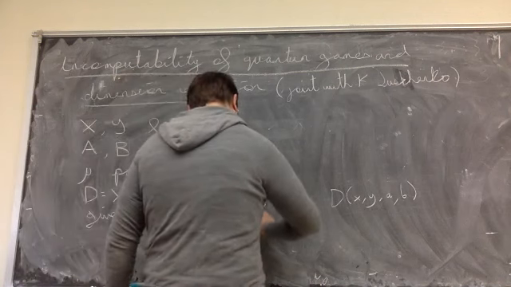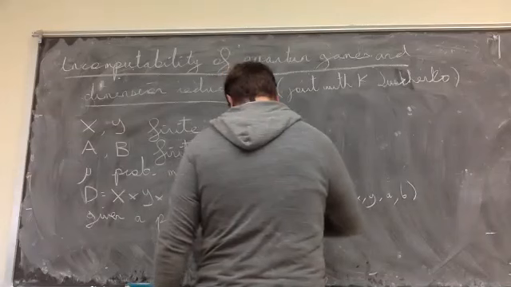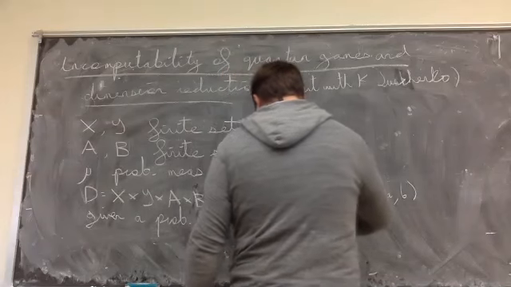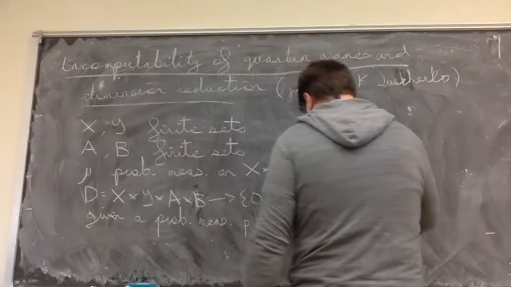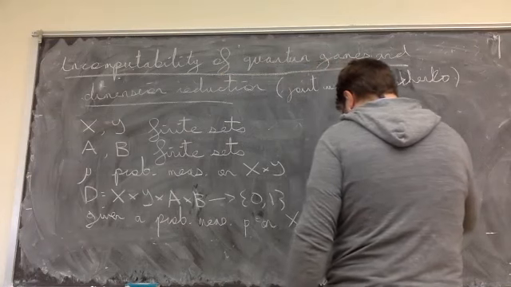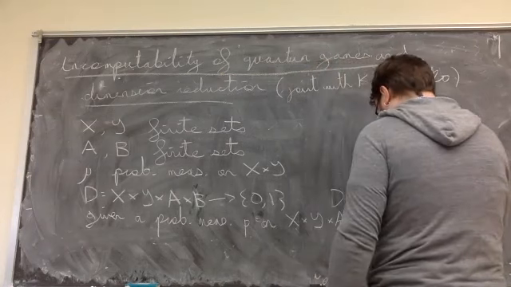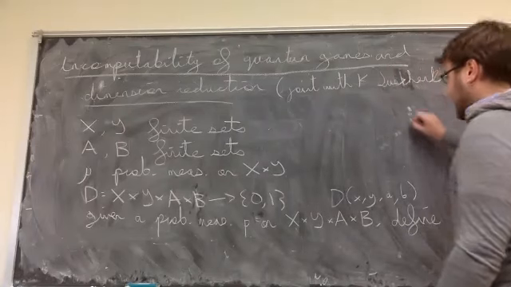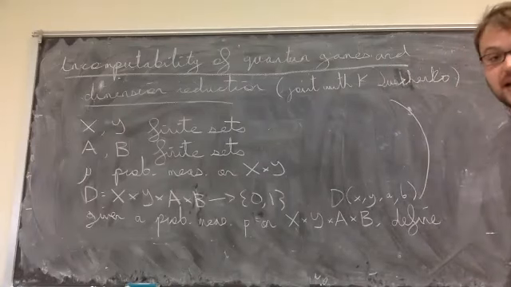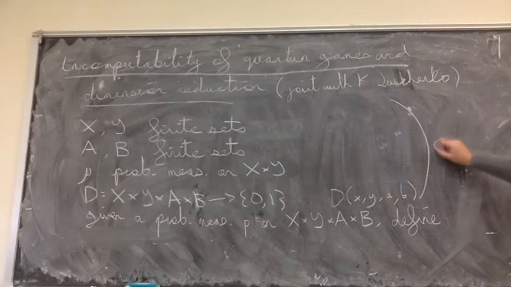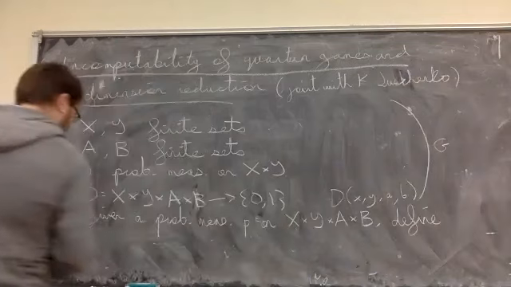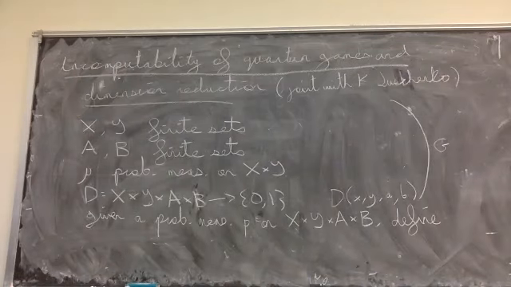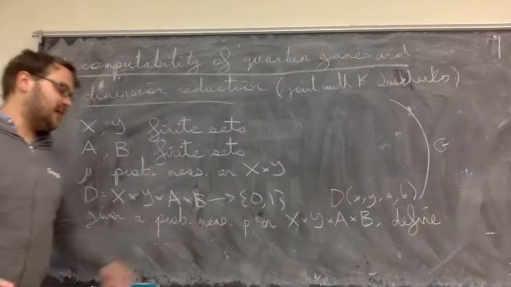Given a probability measure P on X times Y times A times B, defined. All this data is supposed to be a game, so we'll call this game G. Then we can evaluate the game at a probability measure.